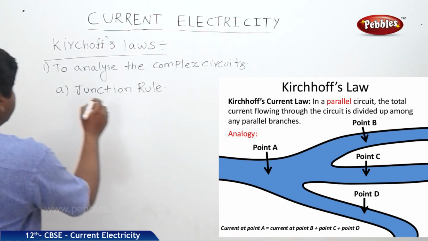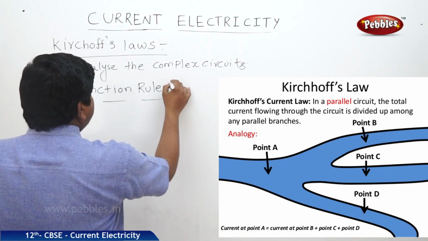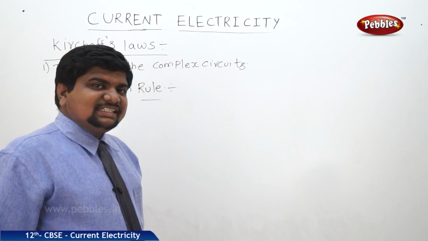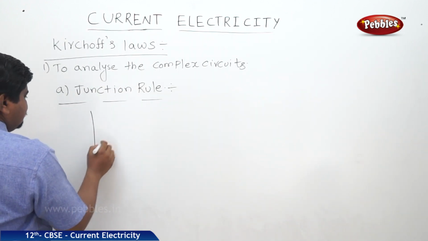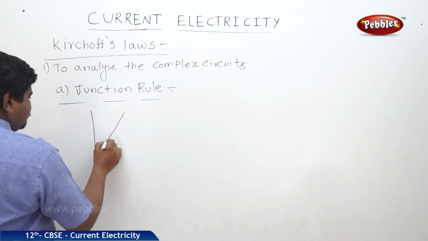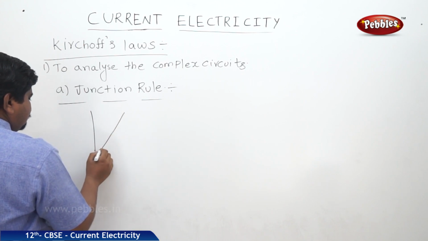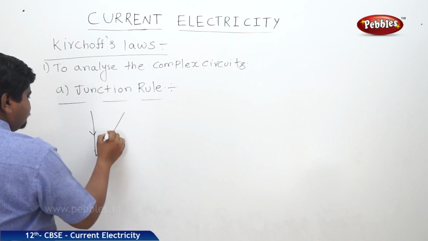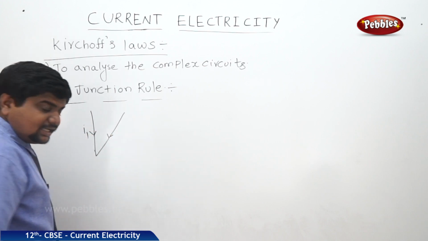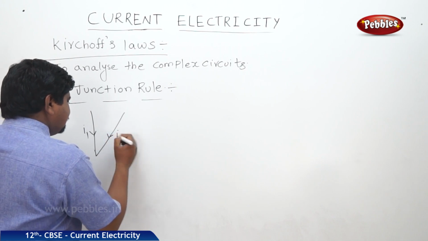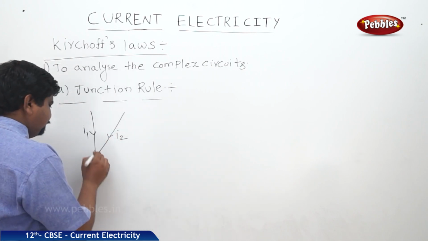So, what is the expression of the junction rule? Let us take two conducting wires. The current through the first conducting wire is I1, the current through the second conducting wire is I2.